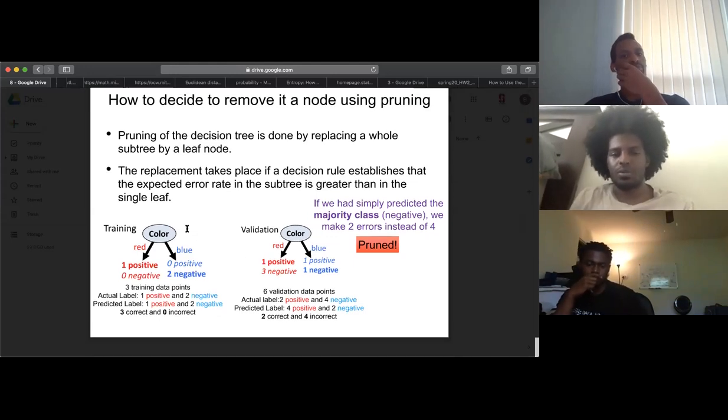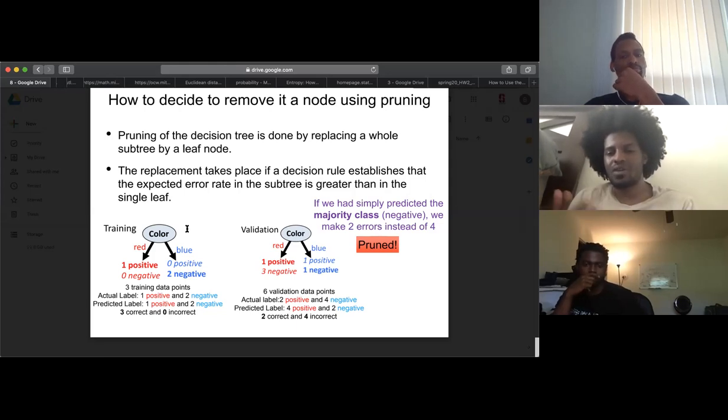Say you're looking at color, and you could either be red or blue. You had in your training set 1 positive for red and 2 negative for blue, from 3 total data points. The actual label was 1 positive and 2 negative. The predicted label was 1 positive and 2 negative. So you have 3 correct predictions and 0 incorrect predictions.